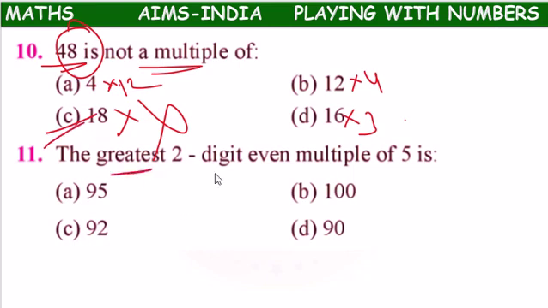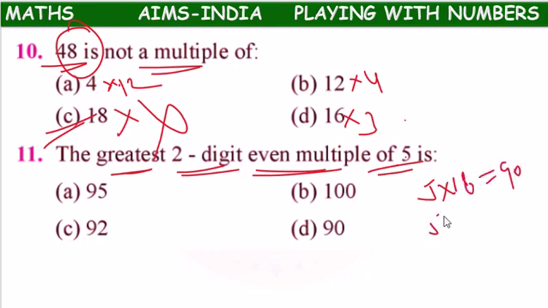Next, greatest 2-digit even multiple of 5. 5 into 18 is 90. 5 into 19 is 95. 5 into 20 is 100.